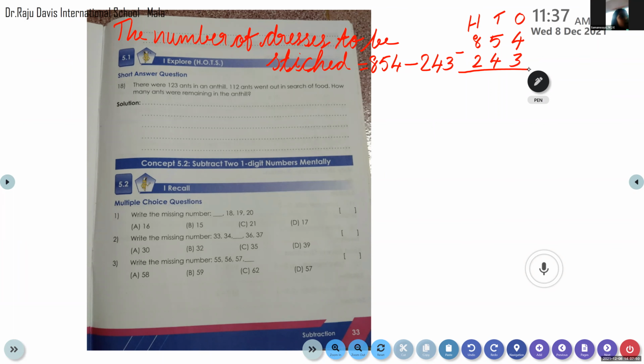If there is no space, you can take your rough book and subtract the numbers. Okay, ma'am, then only the answer we have to write there? Yes, answer only you can write there.